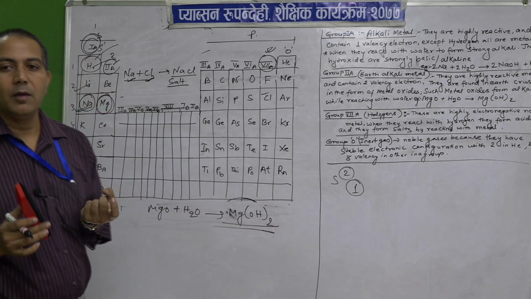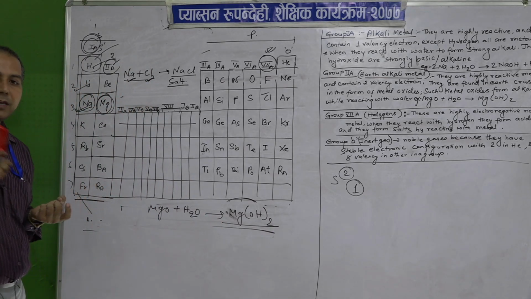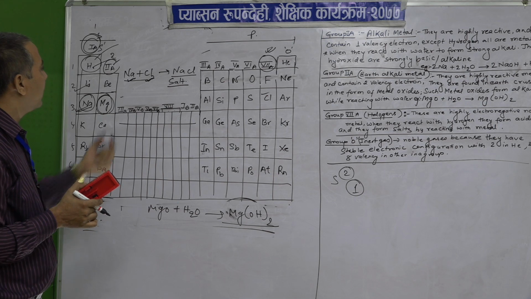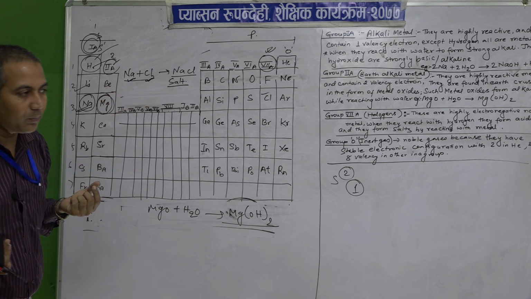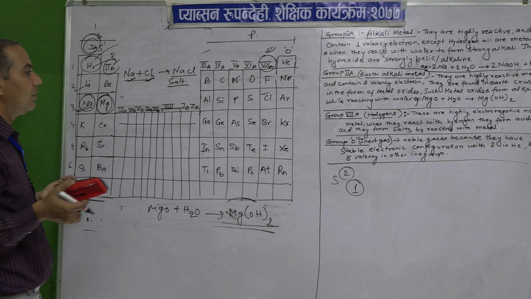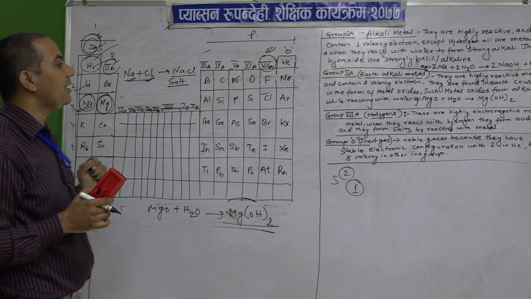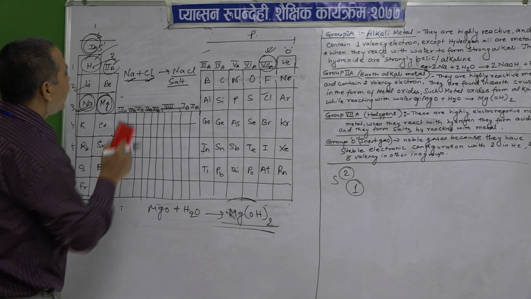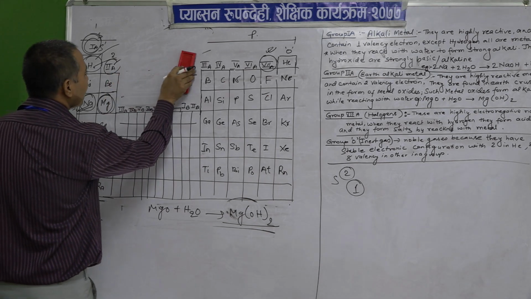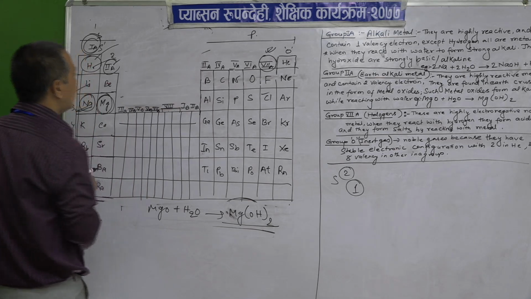Therefore, this is called a halogen. Why? Because when they react with metal, they produce a salt. Again, another characteristic of this group. If they react with hydrogen, what happens?